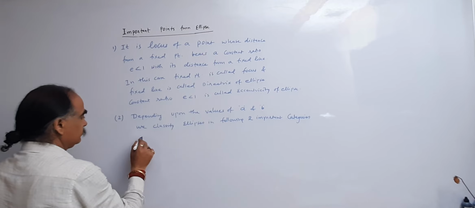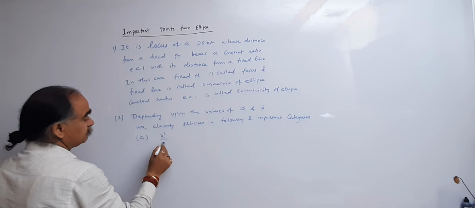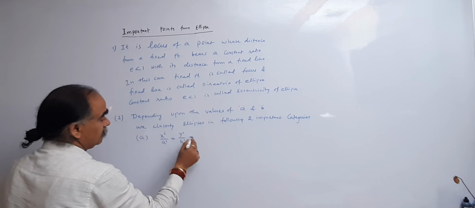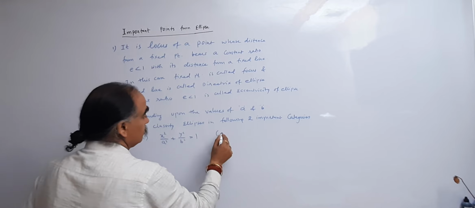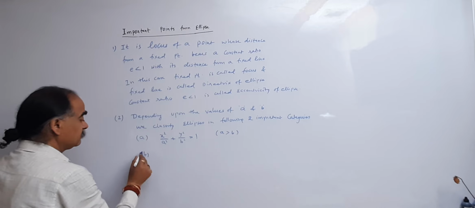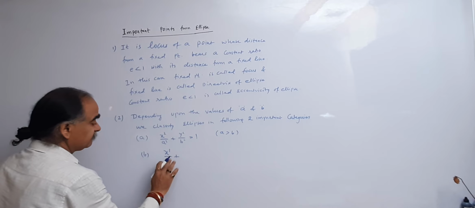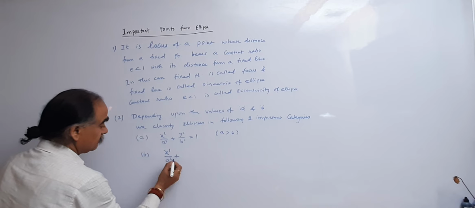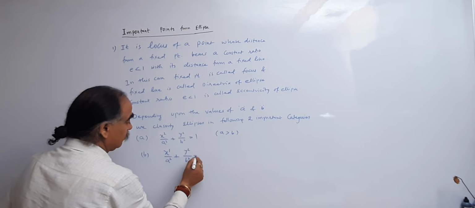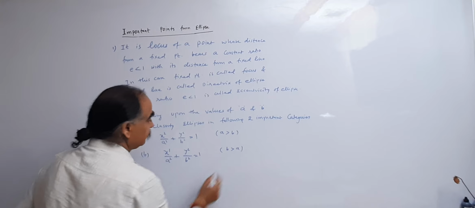Number one, x square upon a square plus y square upon b square is equal to 1, a greater than b. And second is what? x square upon a square plus y square upon b square is equal to 1, b greater than a.